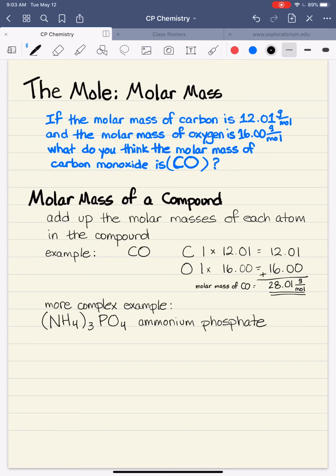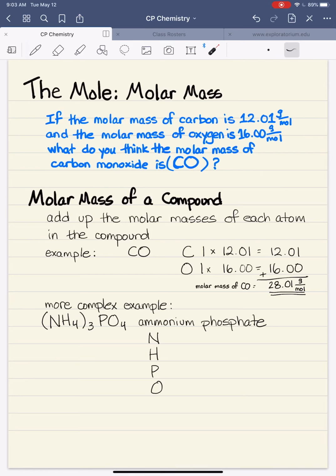All right, the first thing I'm going to do is list out all the elements that I have here. Well, I've got nitrogen, hydrogen, phosphorus, and oxygen. Okay, now I'm going to list out how many of each atom I have. So for nitrogen, I have to remember I've got 3 of these ammoniums.